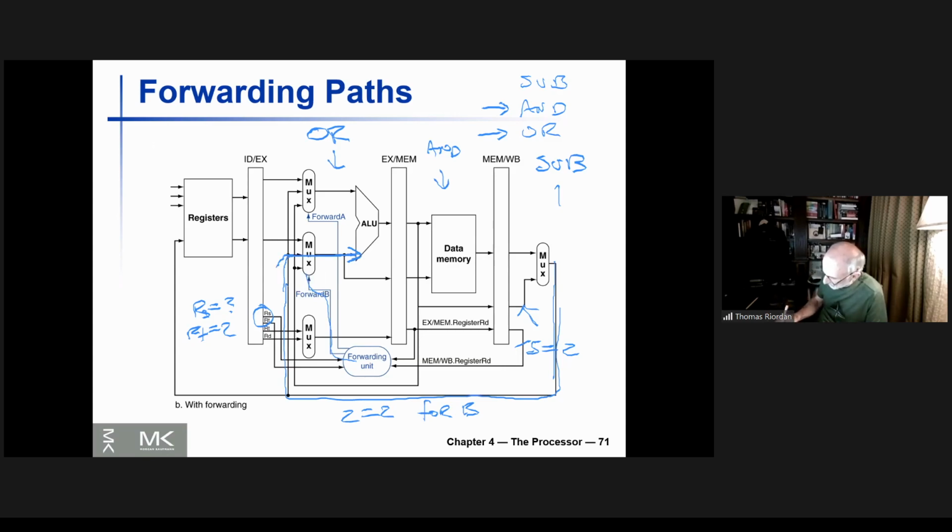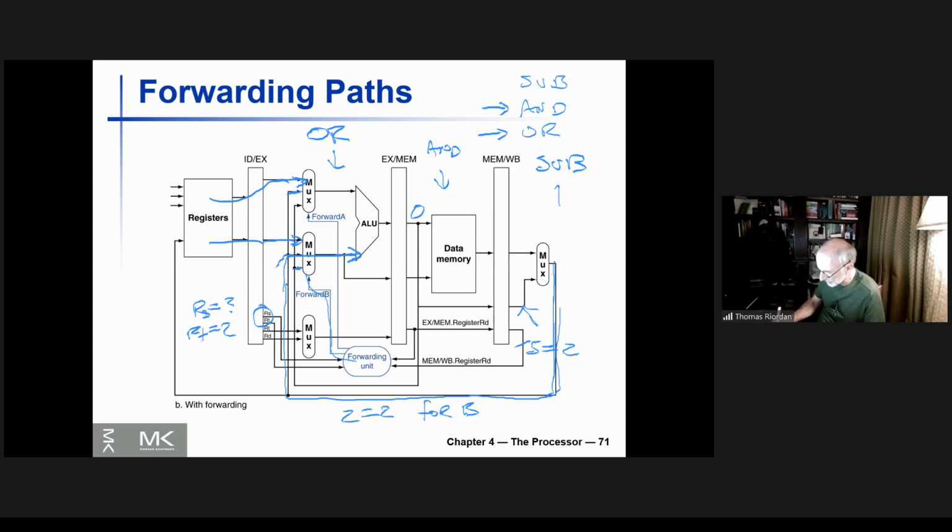So the bottom input of this mux is from here. The middle input of the mux is from here. And the top input to the mux is from the register file. And note very carefully, we're about to look at another schematic, which when he drew it, he didn't follow this exact convention.